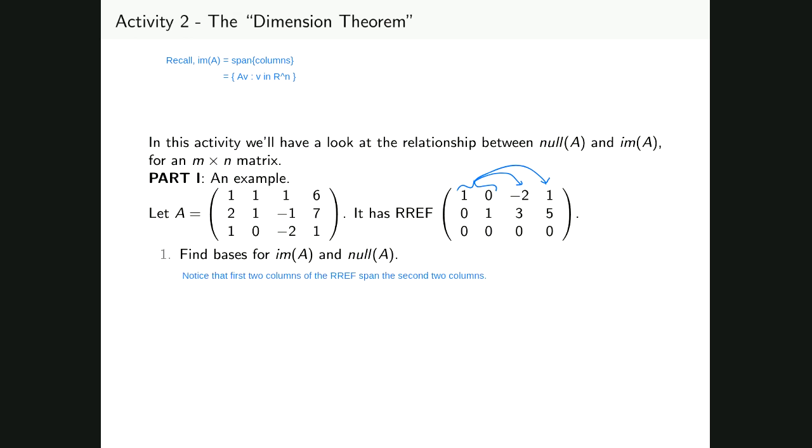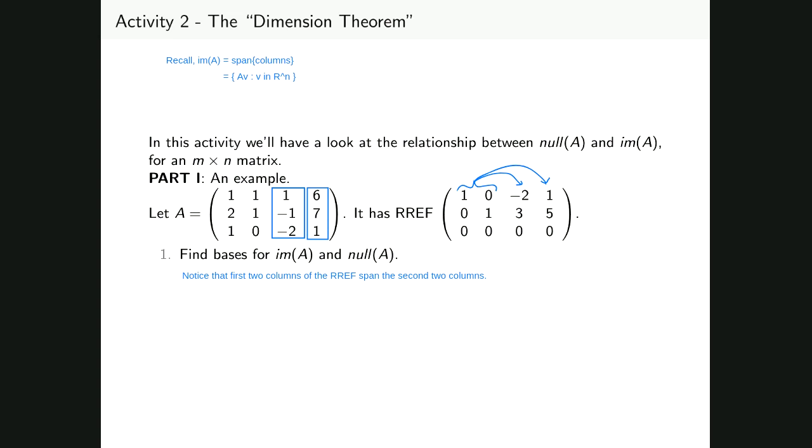So we're going to see if we can do the same thing at the level of the original matrix and write these second two columns as linear combinations of our first two, to see if we can get those to match up with what's going on in RREF.